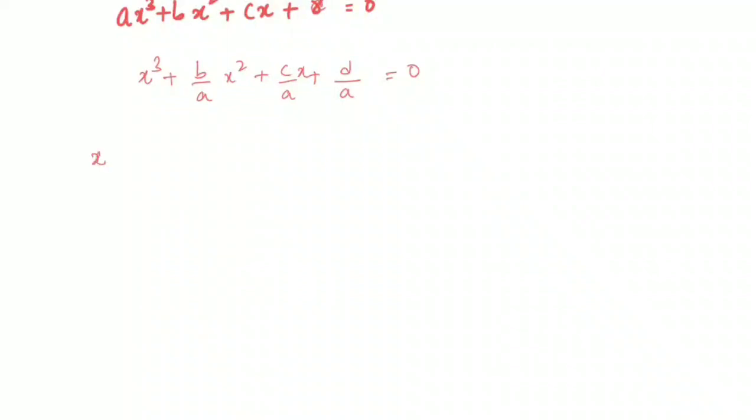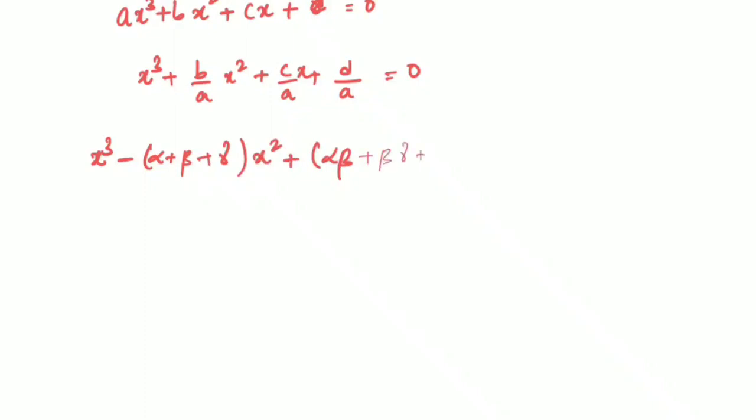Compare it with the cubic equation that we got: x cube minus alpha plus beta plus gamma x square plus alpha beta plus beta gamma plus gamma alpha x, finally minus alpha beta gamma, which is equal to 0.